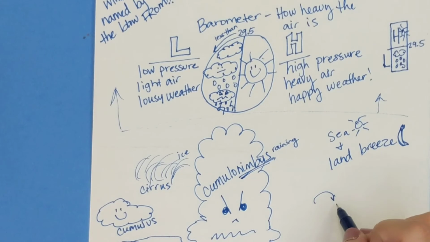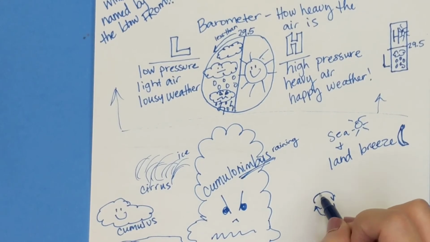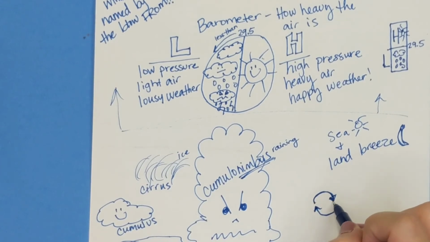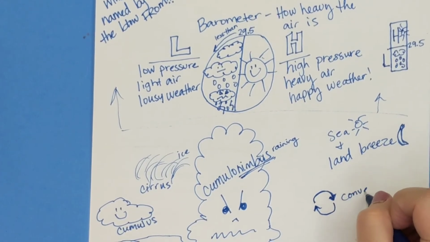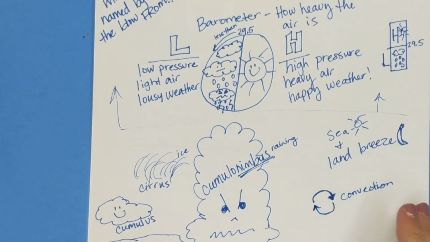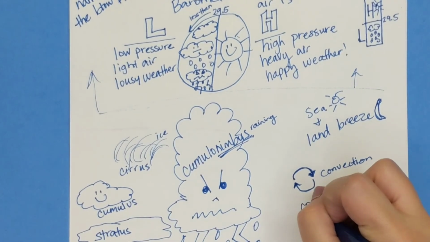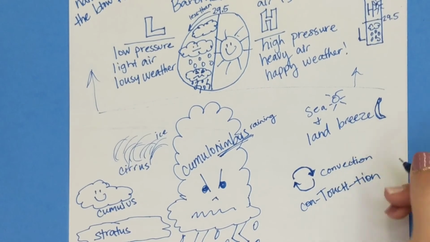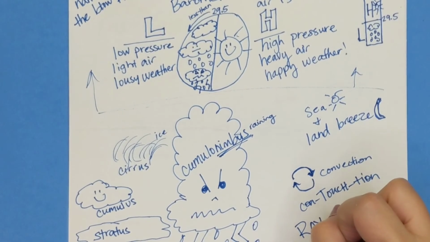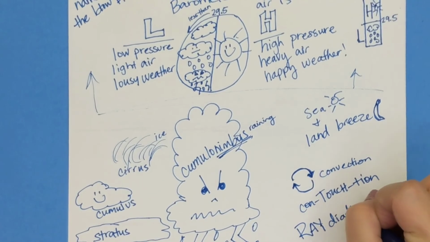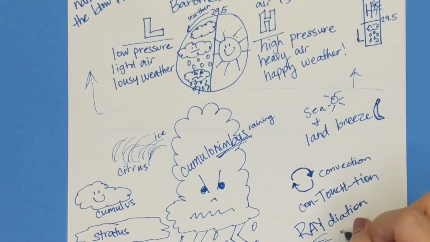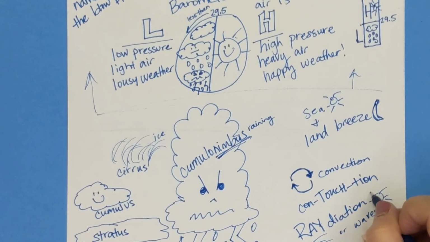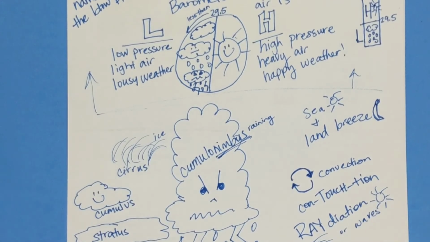Convection is heat being transferred in air and liquids, so gases and liquids. And then we have radiation. That is heat being transferred through rays or waves. Sunlight, fire. You guys know it all.